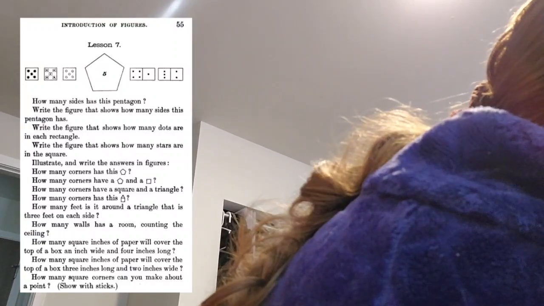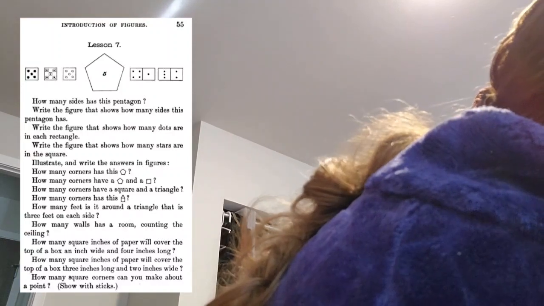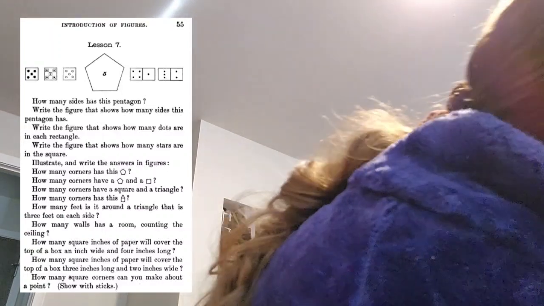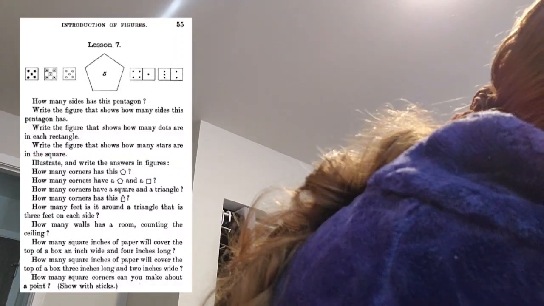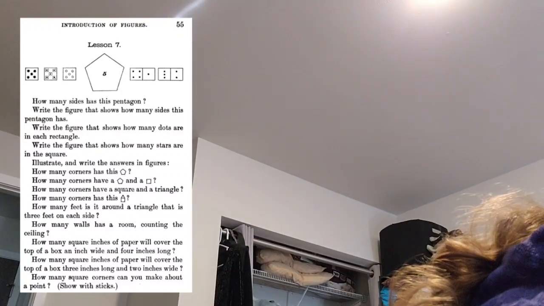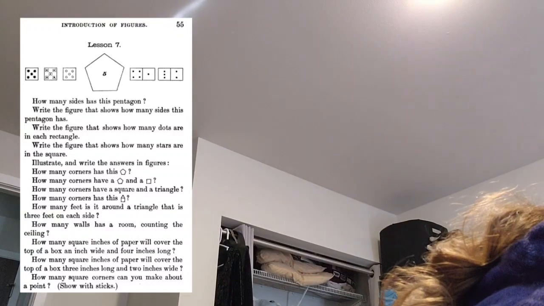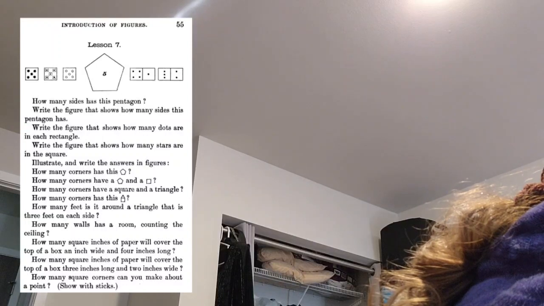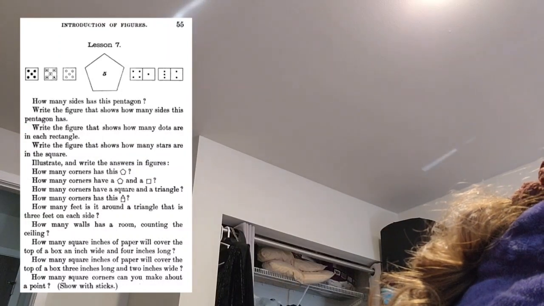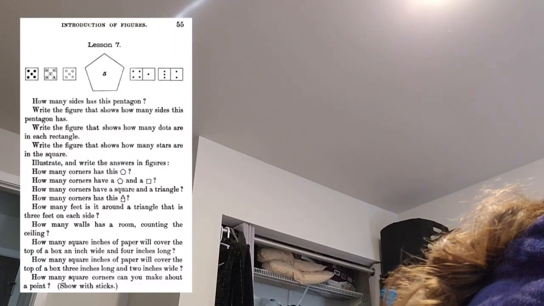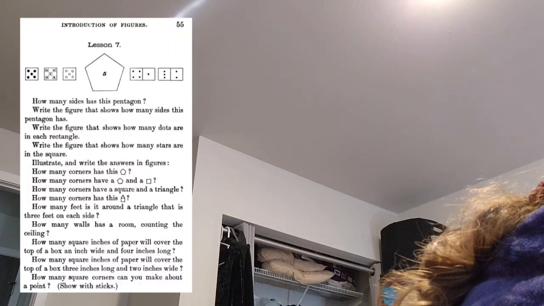Next one. How many walls has a room counting the ceiling? That's 4 walls and the ceiling is 5 walls. How many square inches of paper will cover the top of a box an inch wide and 4 inches long?